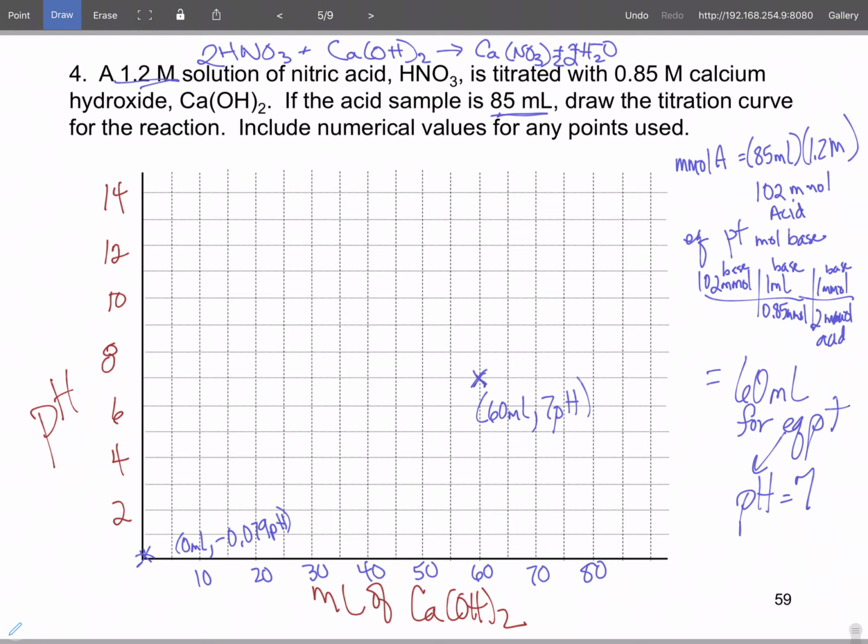Third one we used 80 milliliters, so we're going to come up here, and we got 13.31. So this is 80 milliliters, 13.31 pH. So on this one, it just rises. You can actually use this a straight edge if you wanted, and go straight up and then over. And again, it's kind of messy.